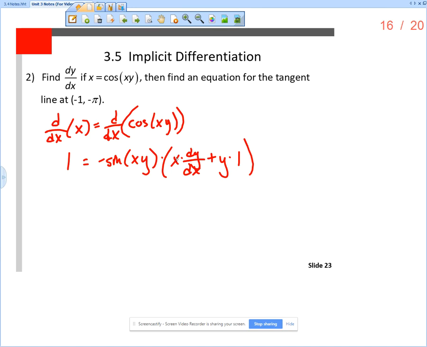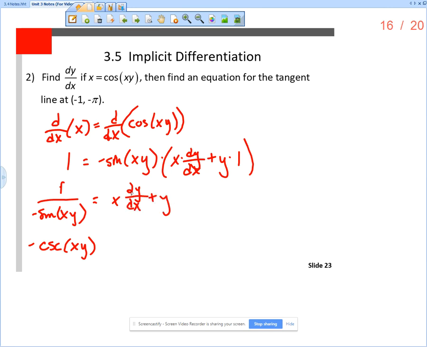Now, there's a couple different ways you can do it. You could take the negative sine xy and distribute here, or you could actually just divide by it to begin with. If I divide by it to begin with, I get 1 over negative sine of xy, which could be rewritten as negative cosecant of xy, equals x dy/dx plus y.